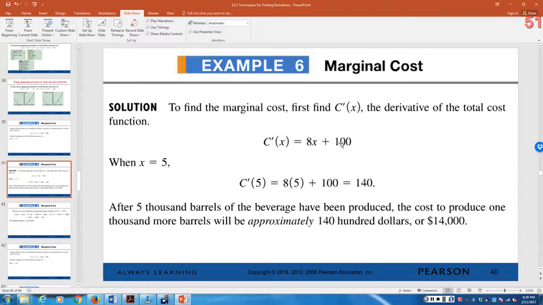Because your fixed cost is actually being spread out over more and more units. If your fixed cost is $100 and it's spread out over 100 units, that's $1 a piece. But if it's $100 spread out over 1,000 units, then that's considerably less. So that's the source of that extra 440 when x is relatively small. When x is large, that 100 doesn't have much influence.